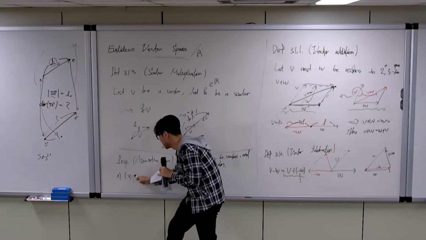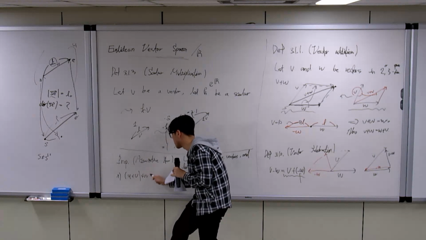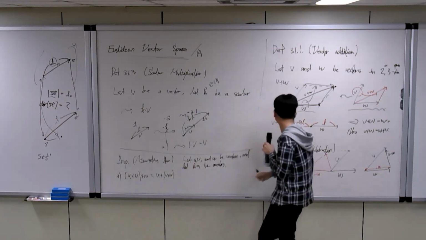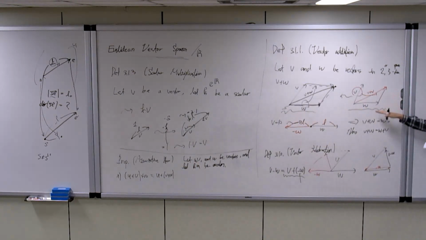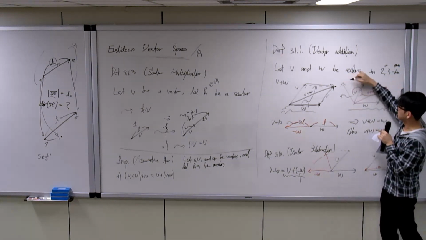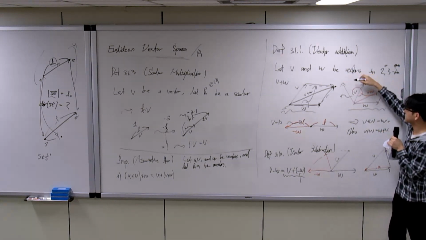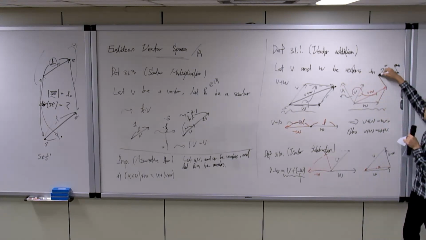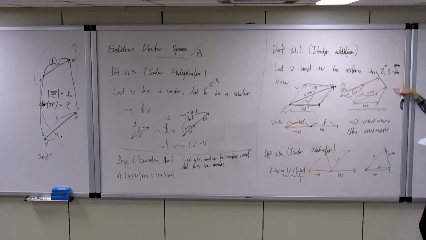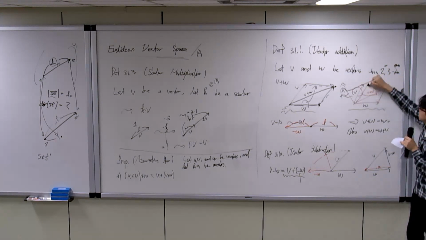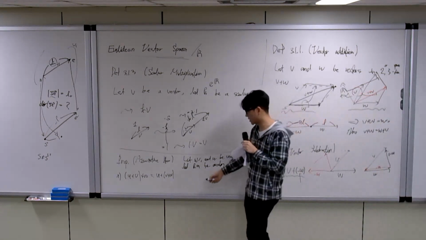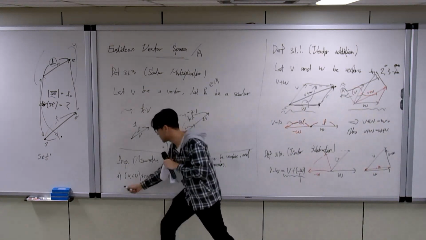One is (u plus v) plus w is the same as u plus (v plus w), because if you consider the previous definition, then although you add one vector more, just by translating to the result point, we can get the vector, and it does not depend on the order of adding it. So it has the associative rule.